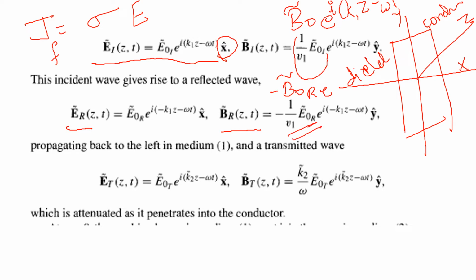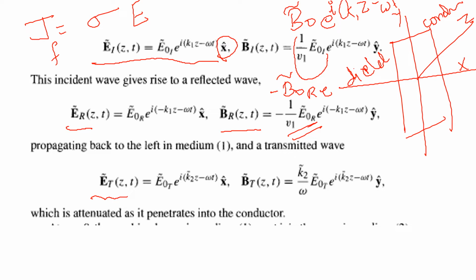And the transmitted wave in the second medium is given by E transmitted complex equal to E0t complex times exponential i(K2 z minus omega t) x cap. Here we use K2 because the transmitted wave is propagating in the second medium.